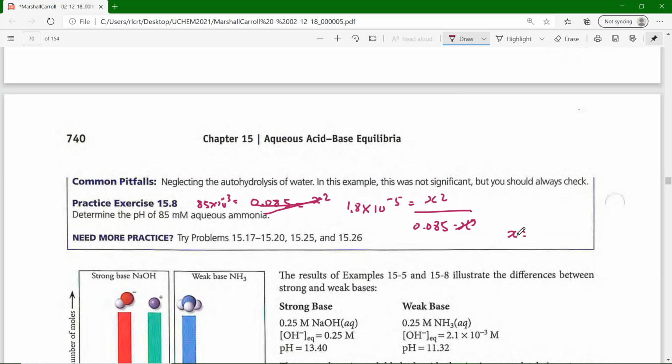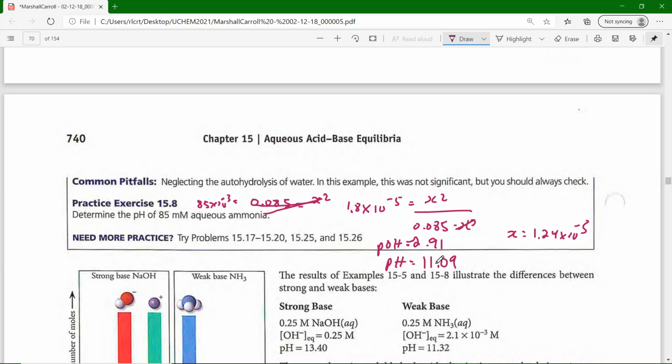Take that value and then take the square root of that value. I get 1.24 by 10 to the minus 3. So the pH is the negative log of that value: 2.91, and that's not the pH, that's the pOH. So the pH is 14 minus that. 14 minus 2.91 is 11.09.